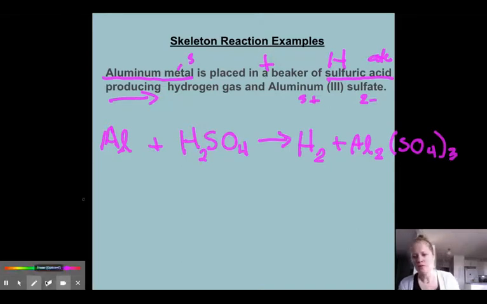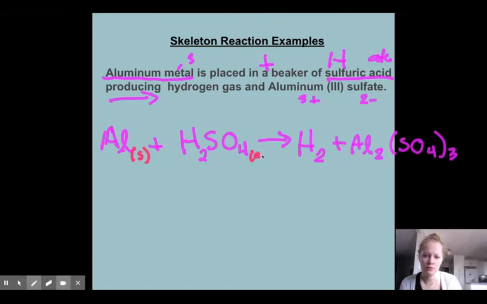Okay, so now all my formula work is done, and I'm going to do my states. Aluminum metal means it is a solid. An acid, we know, means it's an aqueous state. It says hydrogen gas, so I don't have to think about that one. The biggest one to consider is aluminum sulfate.